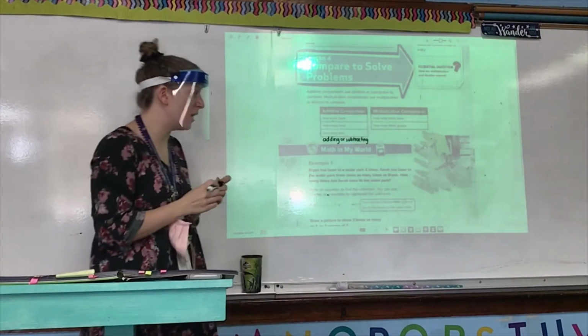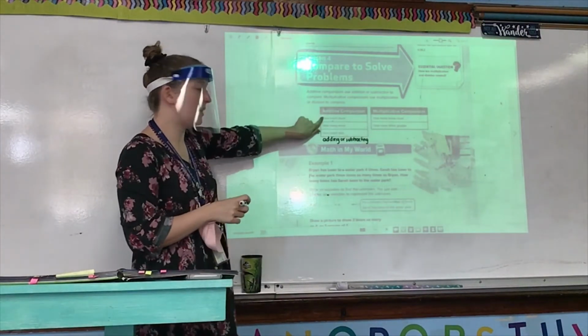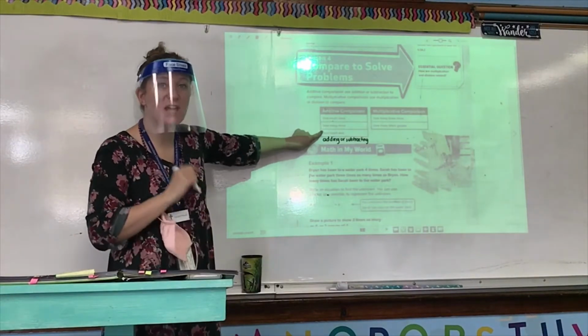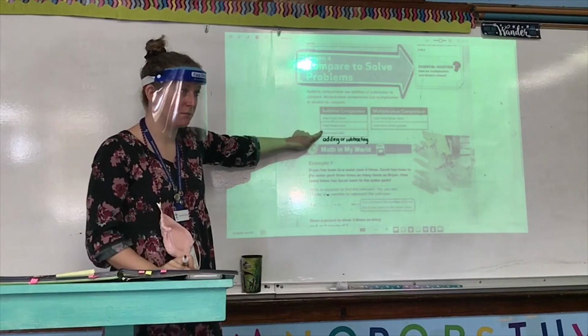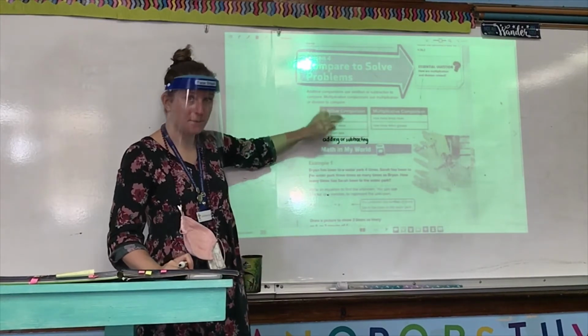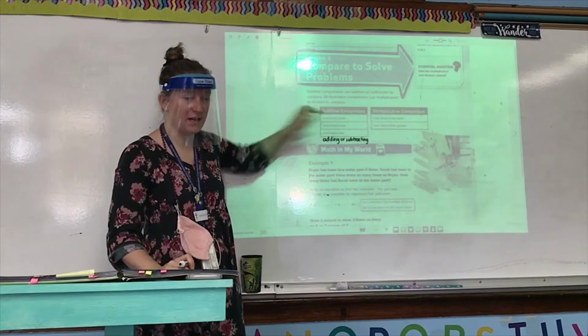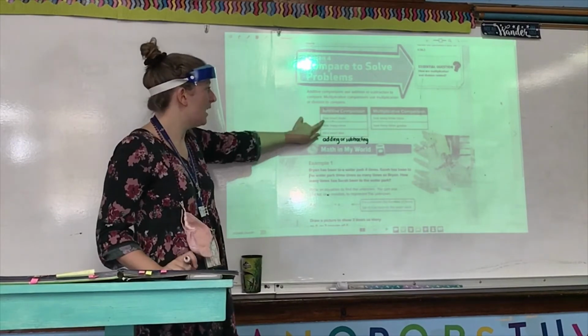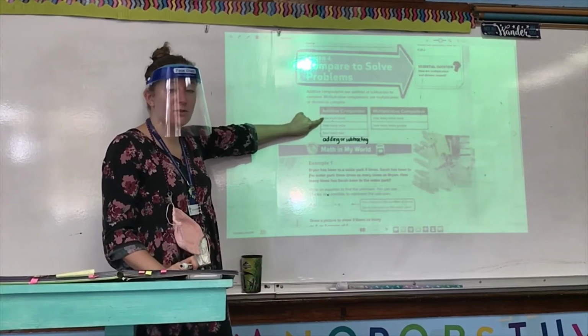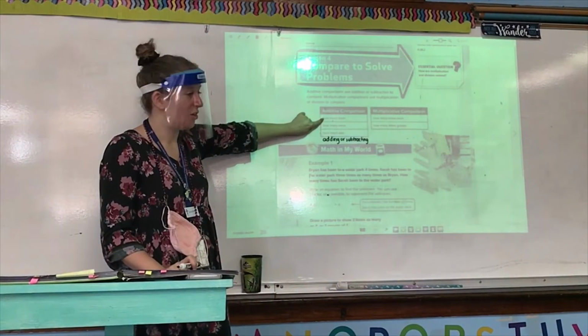If you see the words how much more, how many more, how much less in a problem, you will be adding or subtracting. You will not be multiplying or dividing. So if you read a word problem and you see how much more and you try to multiply or divide, are you going to be correct? Nope.